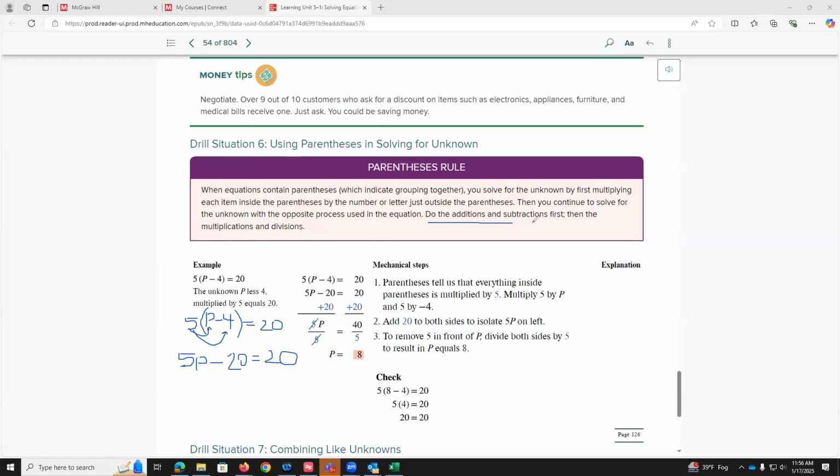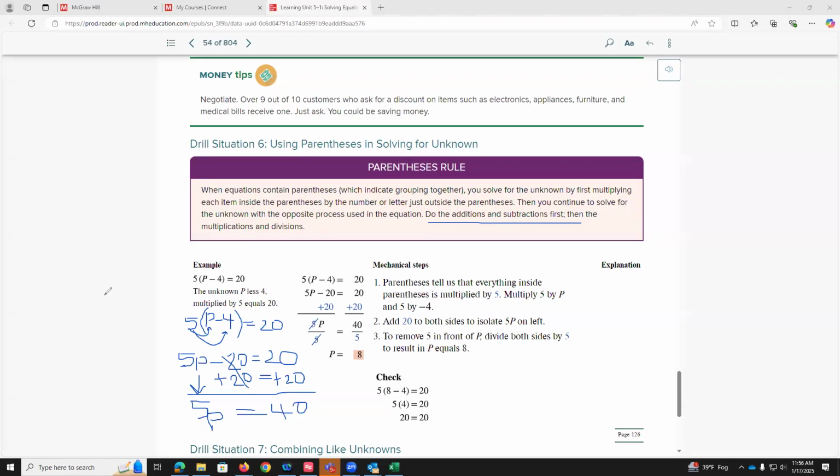So remember, in our parentheses rule, it says do your addition and subtraction first. So the opposite of minus 20 is going to be plus 20, and I'm going to add 20 to this side. We'll put a line there. This 5p just comes down. I didn't do anything to that, so it just drops down here. Now the minus 20 plus 20 gives us 0, and then the 20 plus 20 is going to give us 40.